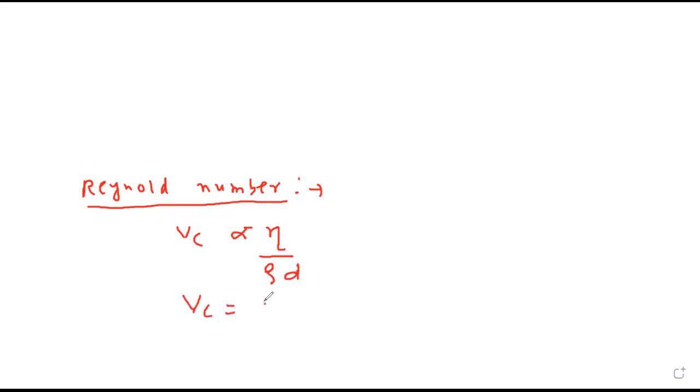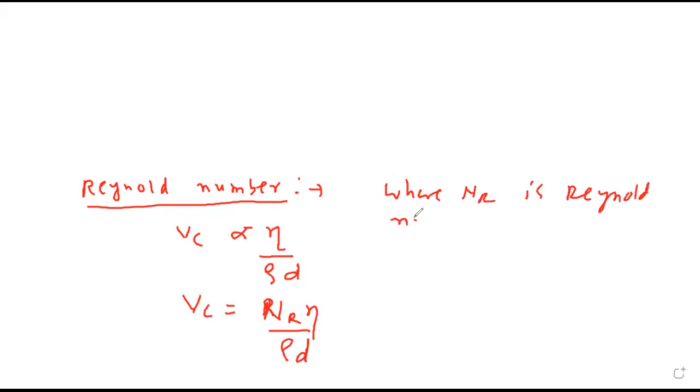So this is nothing but the Reynolds number, N_R equals eta over rho d, where N_R is the Reynolds number. By finding the value of this Reynolds number, we can draw a conclusion regarding the type of flow of fluid.